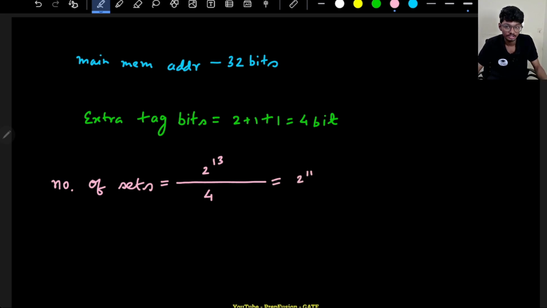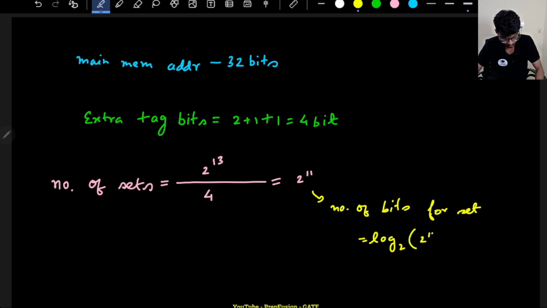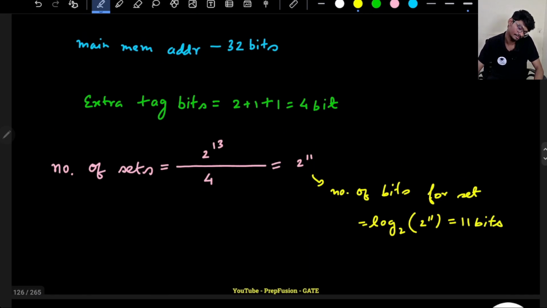How many bits do I require to define the sets? The number of bits for the set field will be log base 2 of 2 raised to power 11, which is 11. So 11 bits are required.